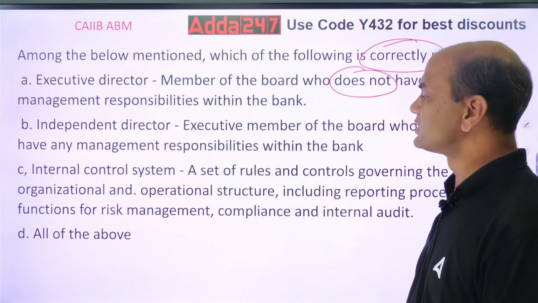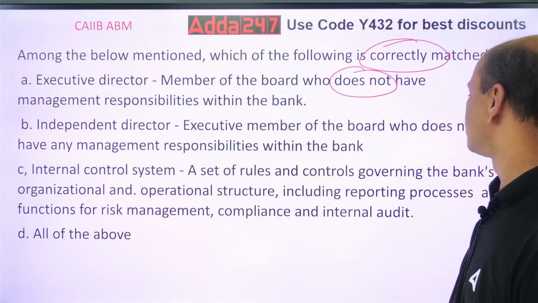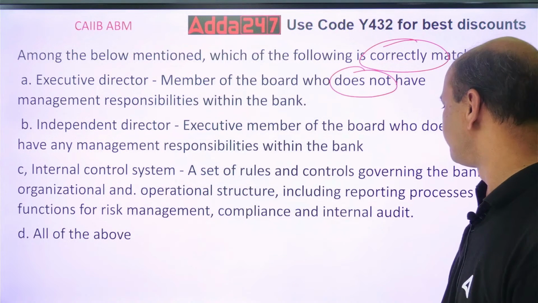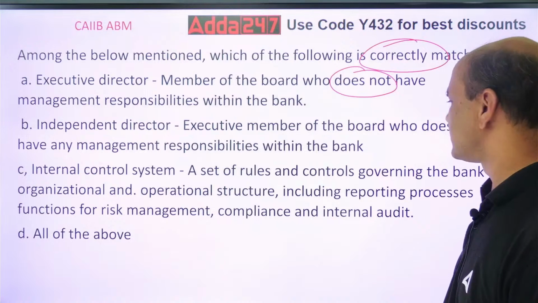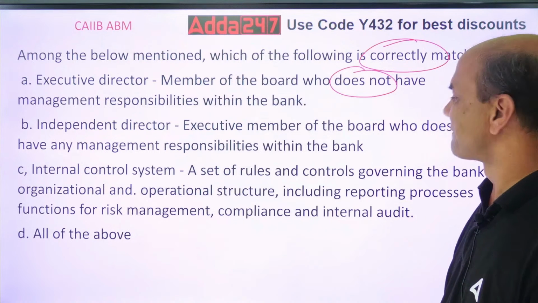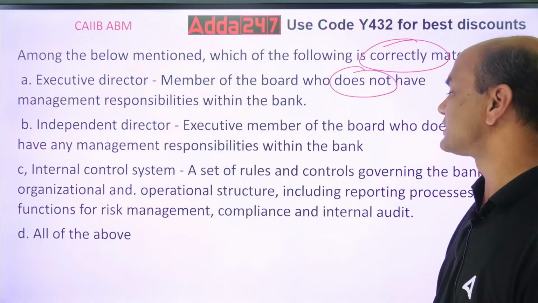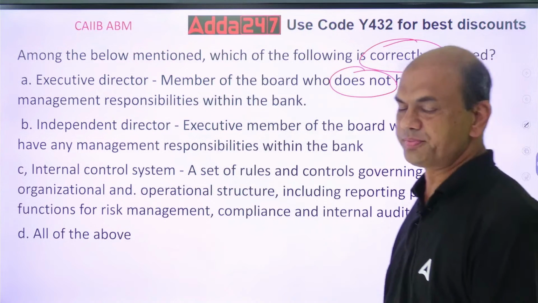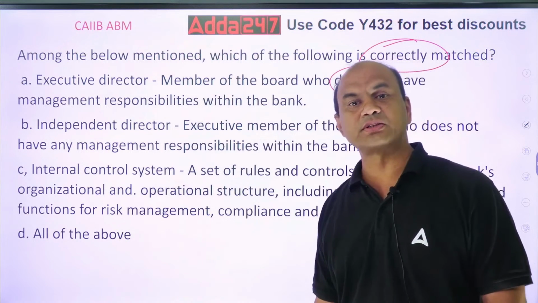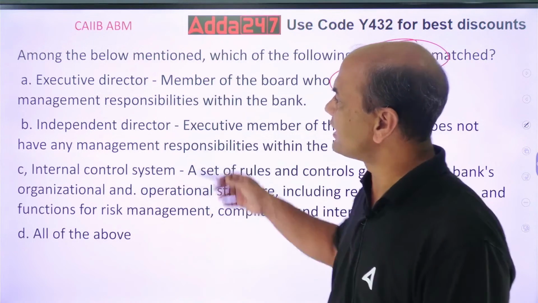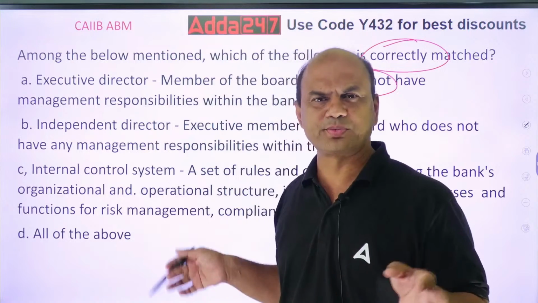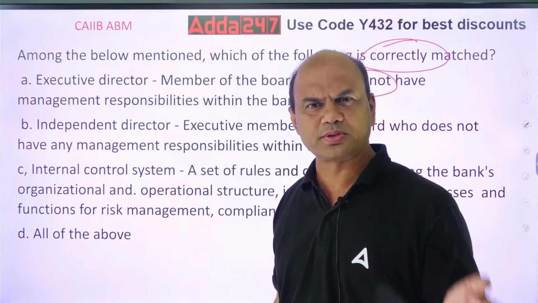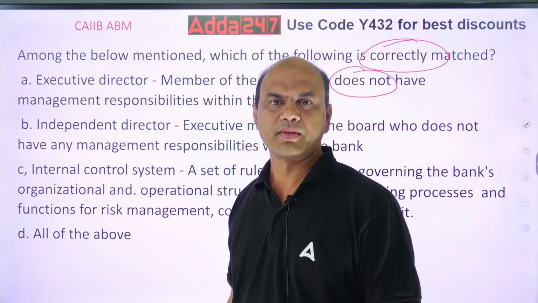Internal control system: a set of rules and controls governing the bank's organizational and operational structure, including reporting processes and functions for risk management, compliance and internal audit, and all of the above. So which of them is correct? Do you mean to say that executive director does not have any responsibility? Independent director does not have any responsibility? It can't be the case.